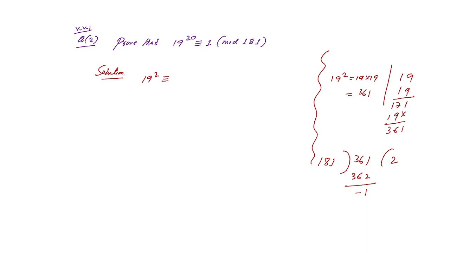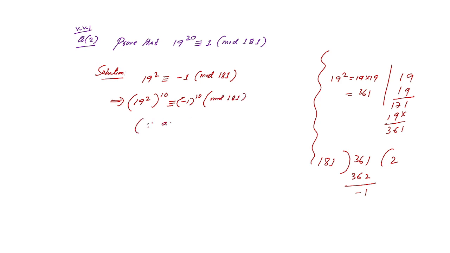So 19 squared is congruent to minus 1 mod 181. Now we take the power 10 on both sides. It will be minus 1 whole to the power 10 mod 181.